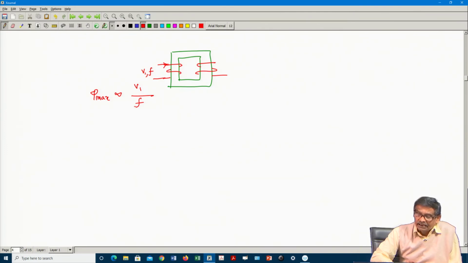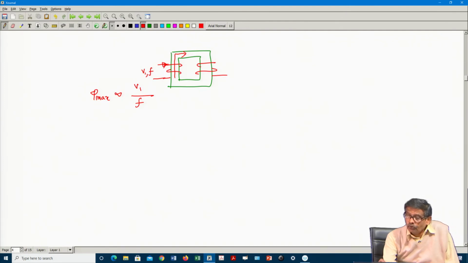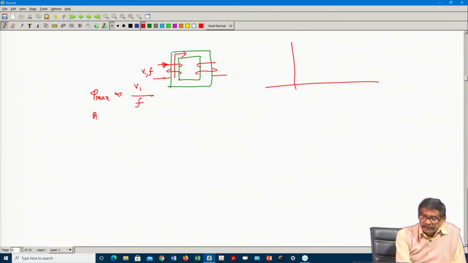What I am telling is, it is a magnetic circuit. This much flux the core has to produce, so how much current is it drawing? The answer is, you go to the BH curve of this material. I can calculate B max from phi max by this cross-sectional area A.